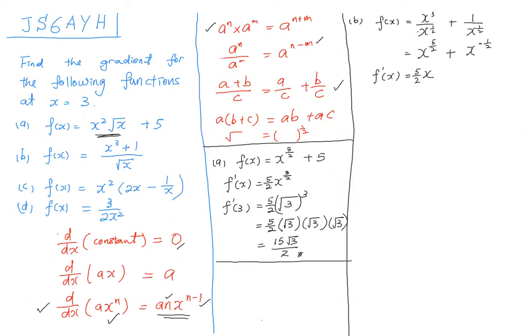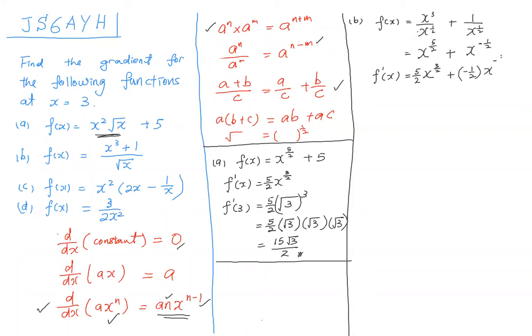Three over 2. Okay, plus. Okay, this one. Bring down the power. Negative 1/2, x to the power of negative 3/2.